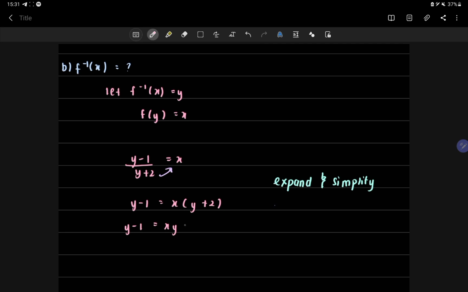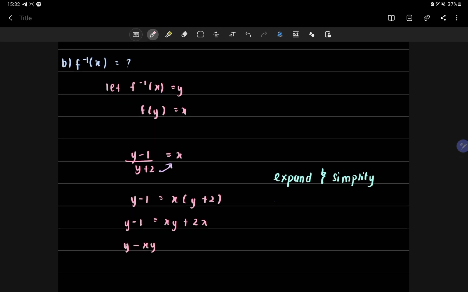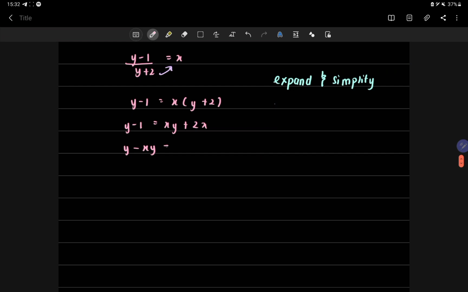The equation becomes y minus 1 equals xy plus 2x. Bear in mind that we should leave y on the left hand side and x on the right hand side. So it becomes y minus xy equals 2x plus 1. Now let's factorize out y, so we leave the left hand side with a single y.